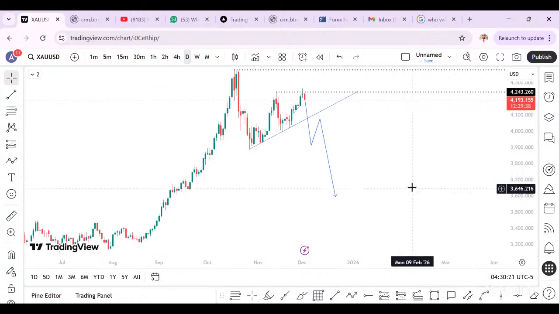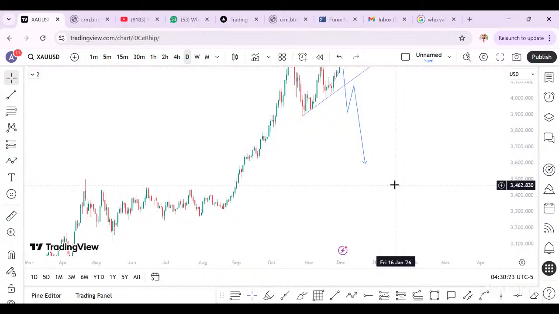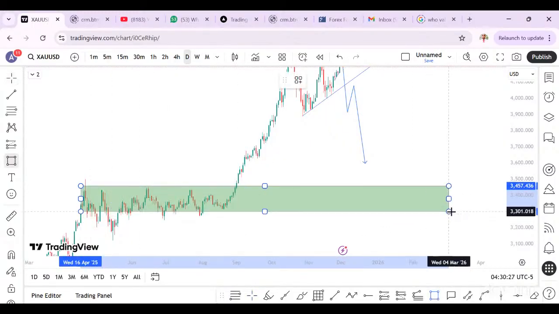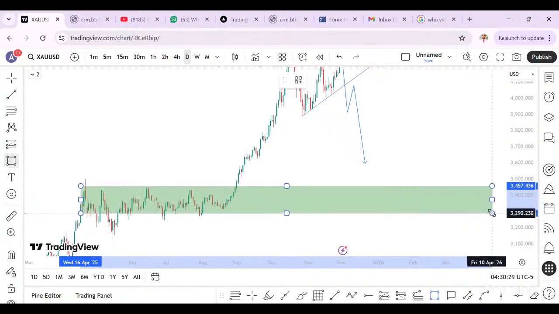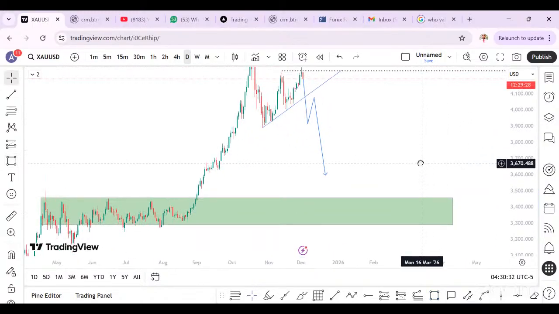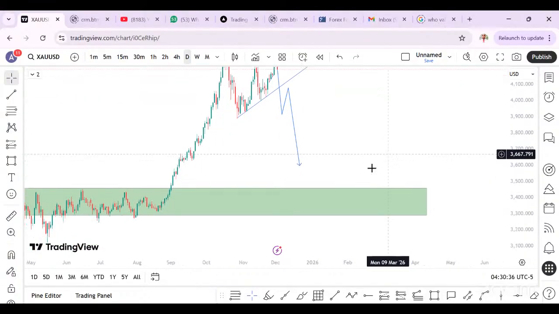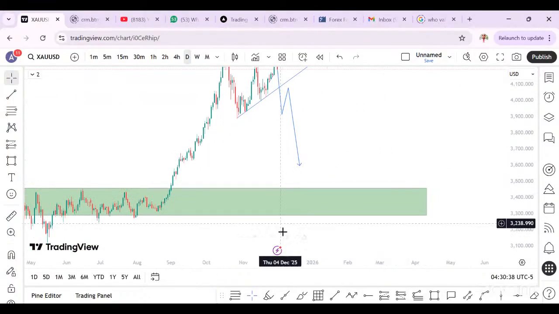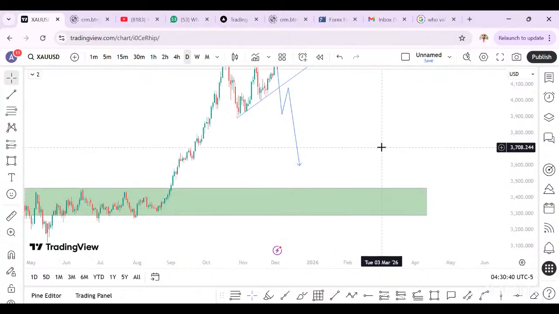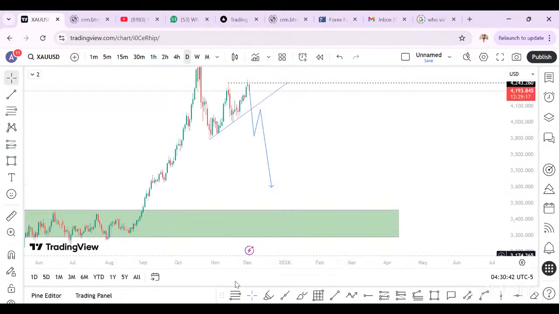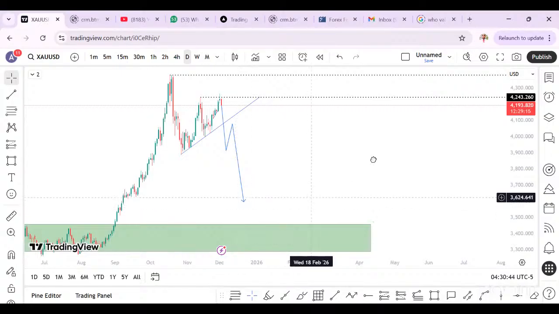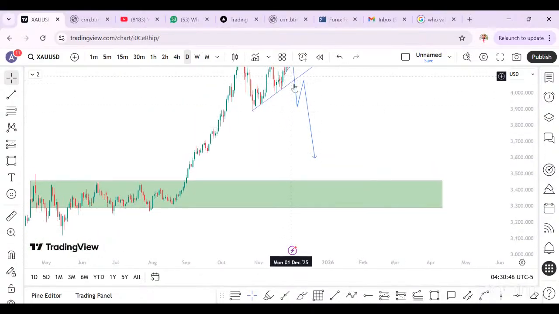For me, I would actually love gold, at least maybe between December and January, to come to this place. Guys, once gold comes here, let's say between now and the end of January, whenever we see a bullish opportunity on this kind of low again, right? Let's say between December and now, we see a momentum before the end of the year.